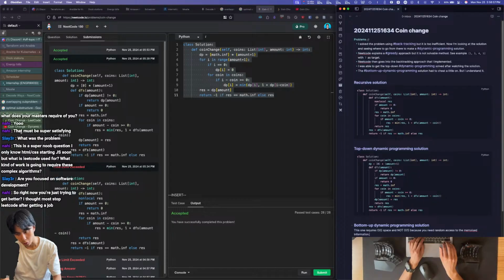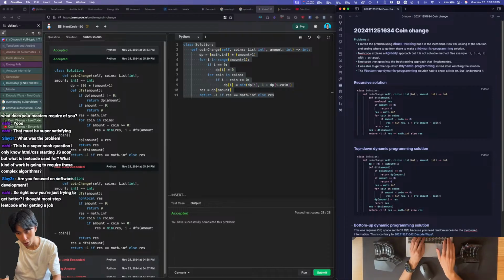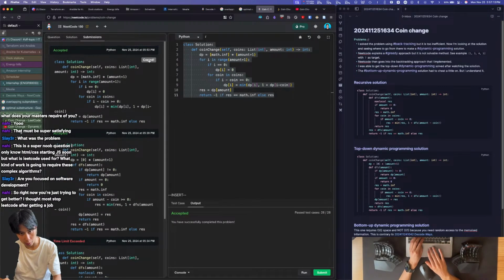And so this is contrary to the previous problem that we solved, decode ways. Okay. And it's worth noting then, this solution is very simple also. Python.